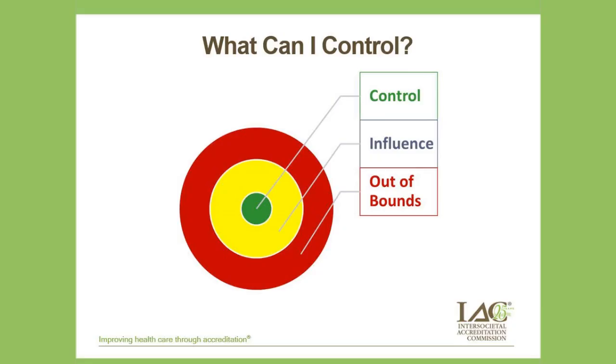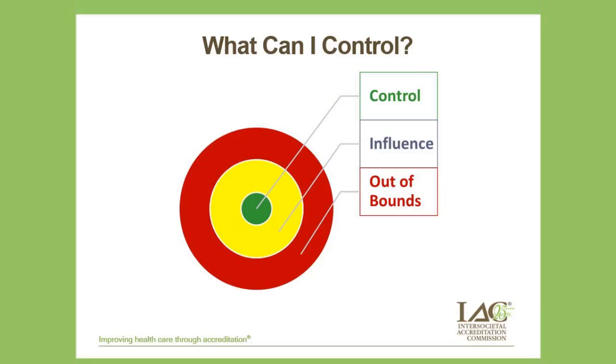We have this little zone of control, which is what we do and how we approach what we do. Then there's a zone of influence, and that may be, to some extent, workload and scheduling. So if you're being scheduled for 12 studies a day at 30 minutes apiece, and you're an IAC accredited lab, and it should be 45 minutes apiece, you need to take that accreditation standard to your employer and say, hey, wait a minute, we're not supposed to be doing this, because that can decrease the amount of scanning that you're doing in a day.